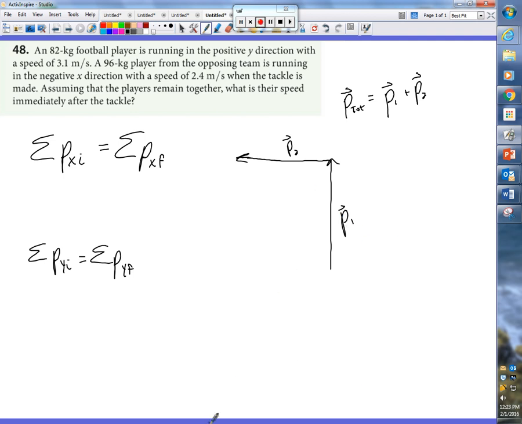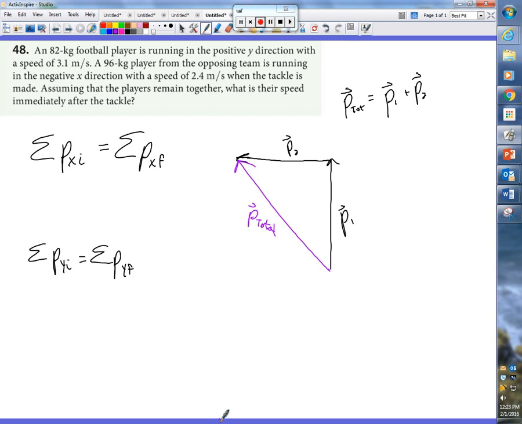So how do we draw the vector sum? We draw the two vectors that we are combining, head to tail, like we just did. And then the resultant is going to be drawn from the tail of the first to the head of the last. So we're going to call that P total.